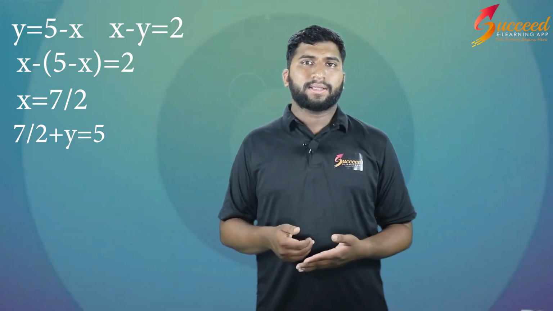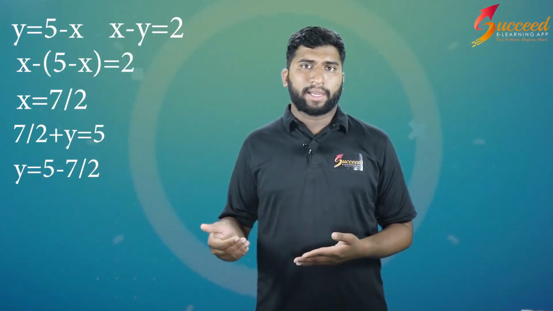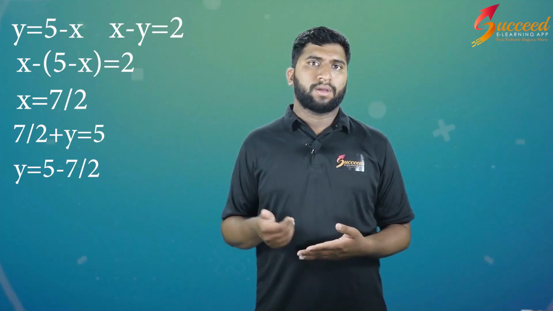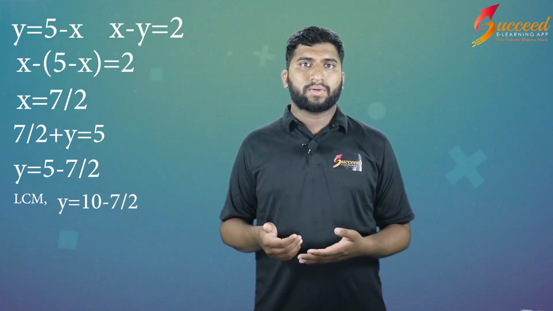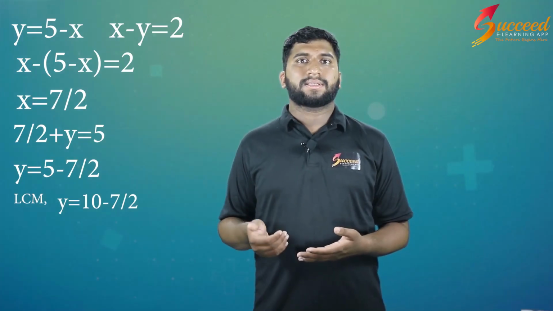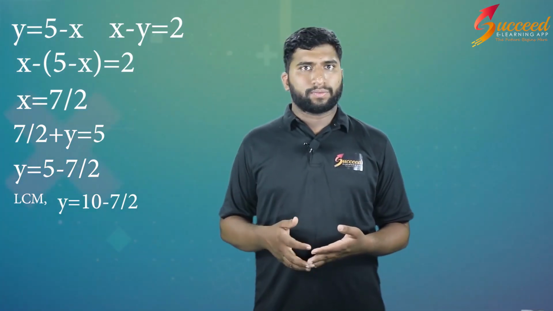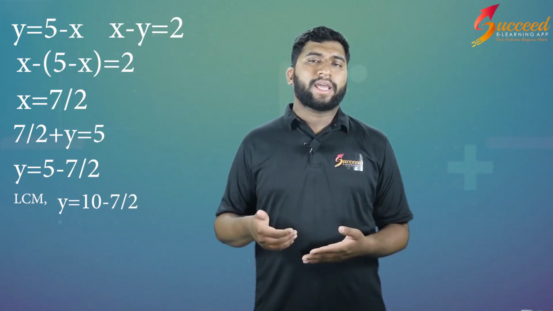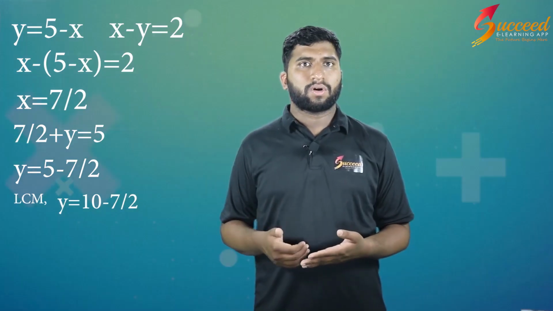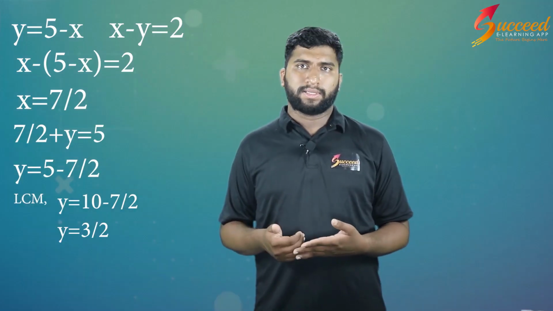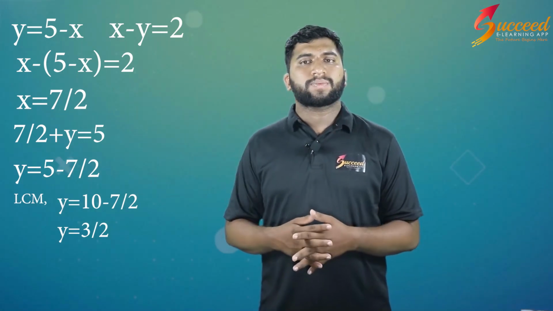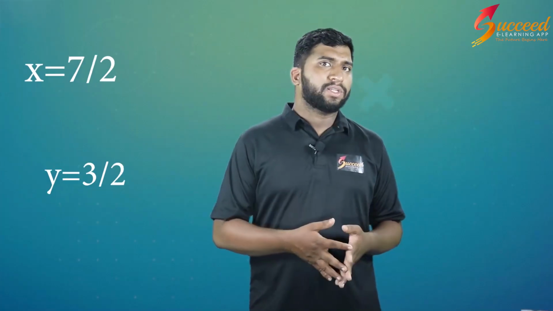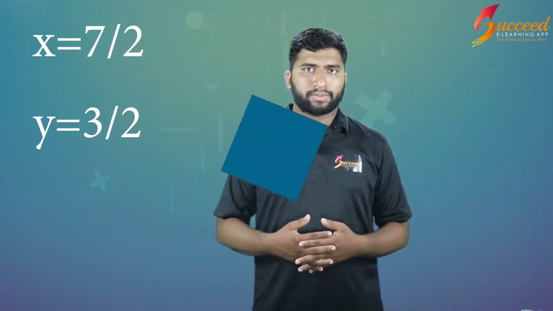So y is equal to 5 minus 7 by 2. Now take the LCM, and you get y is equal to 10 minus 7 by 2. When you solve, you will get y is equal to 3 by 2. So our answer for this particular equation is 7 by 2 as the x value, and y is equal to 3 by 2.